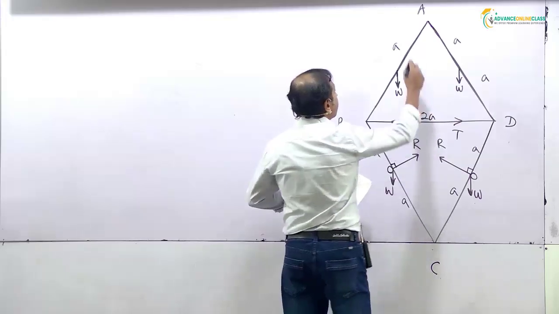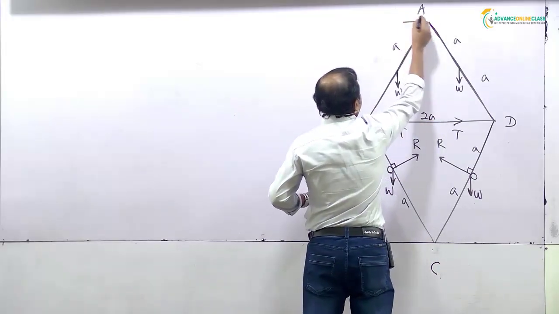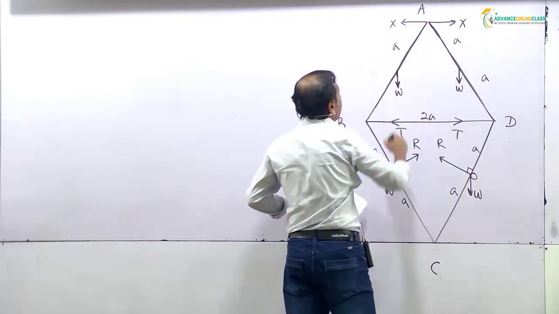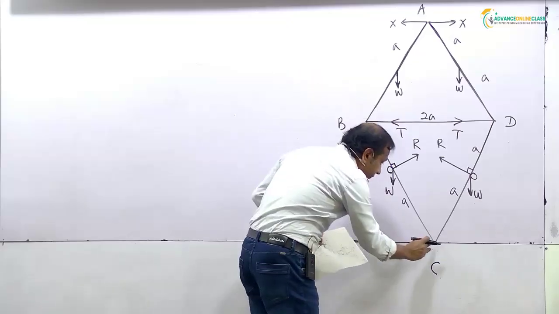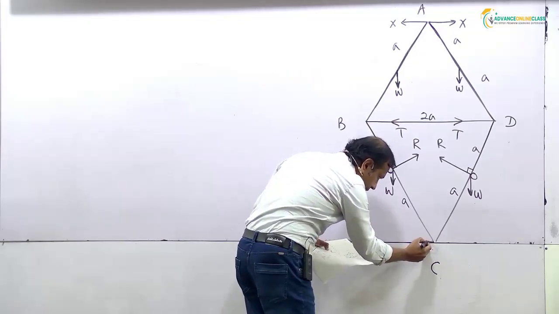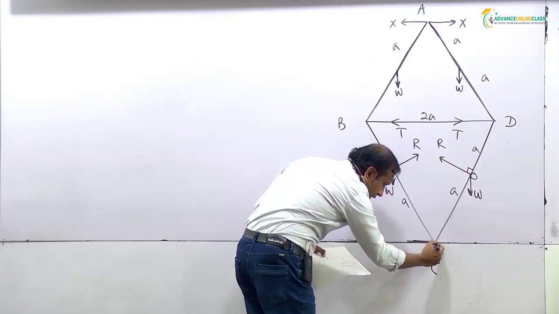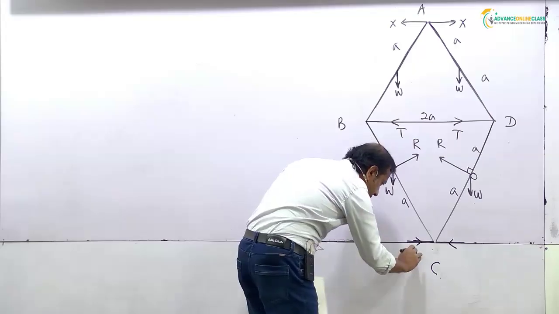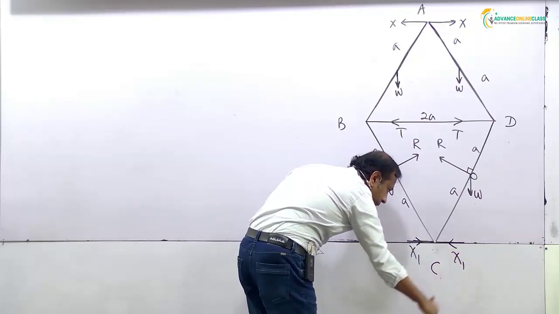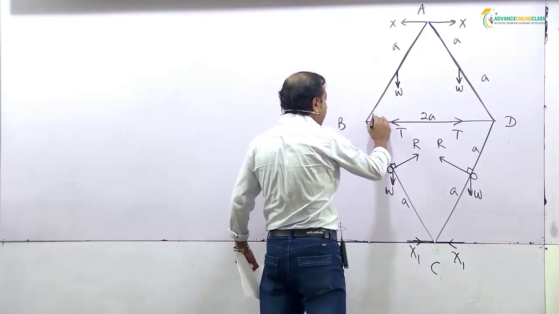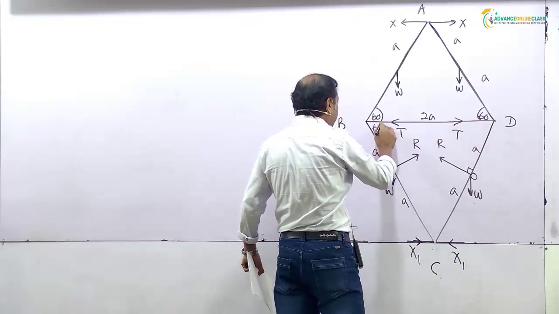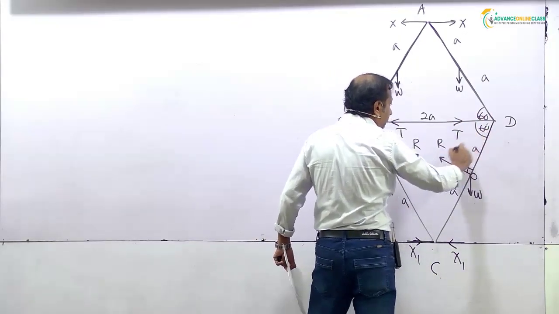I take this as X, this as X, and this also therefore X. Here I take X1. The directions of the reactions we mark may be opposite. Never mind. If so, in the final answer you get them negative. The angle is 60. This is 60, here 60, this is also 60.